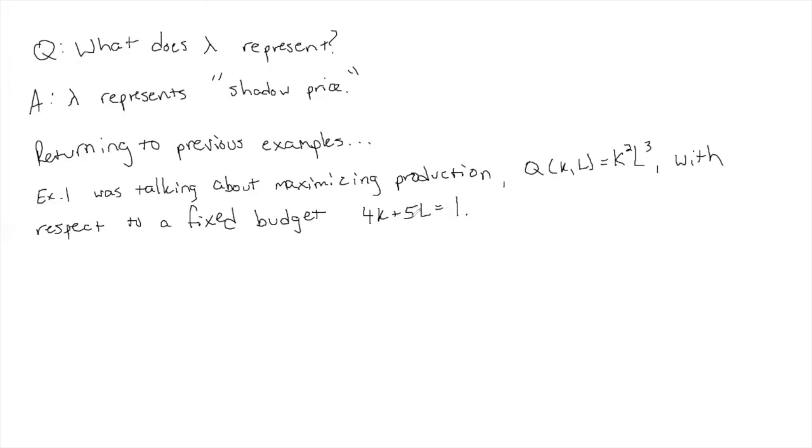We needed our budget to satisfy this for whatever K and L represent in this case. And with our budget being exactly this, how can we maximize production? That's the idea.